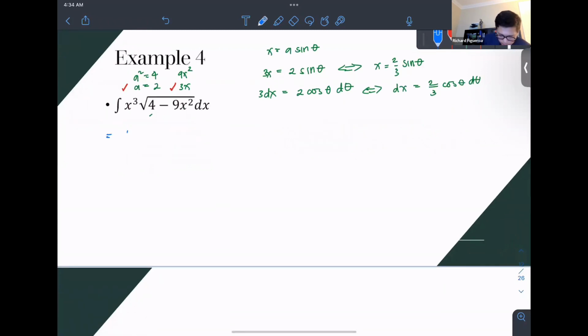And therefore, x is 2/3 sine theta, raised to 3. Square root of 4 minus 9 times x, where x is 2/3 sine theta, then square it. Then our dx is 2/3 cosine theta d theta.